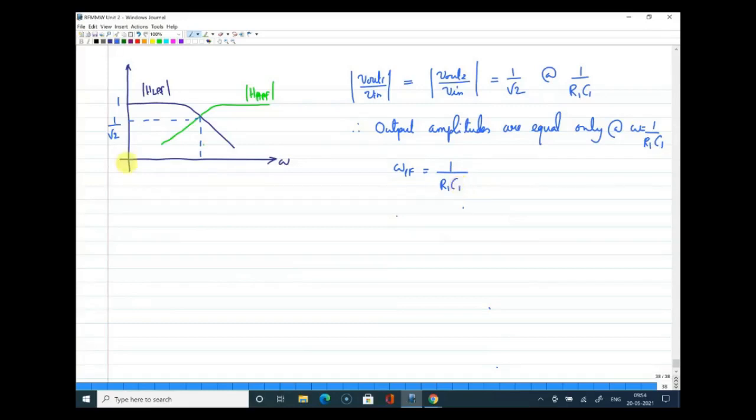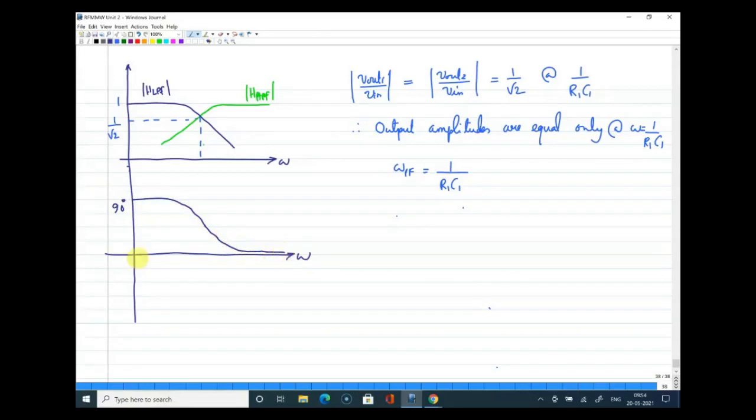And if I extend this towards the phase of the signal, definitely you will get the phase starting from 90, in this fashion.